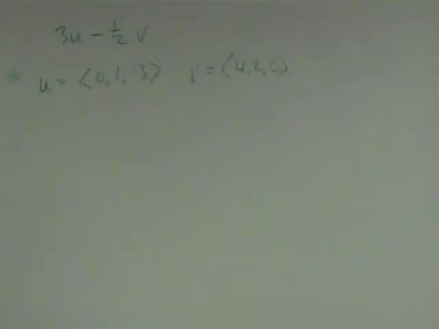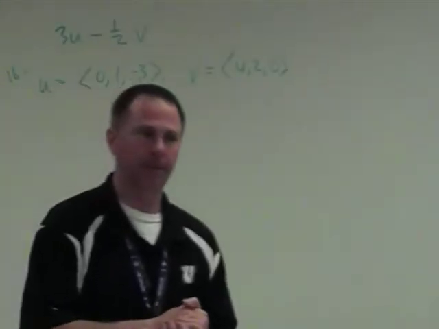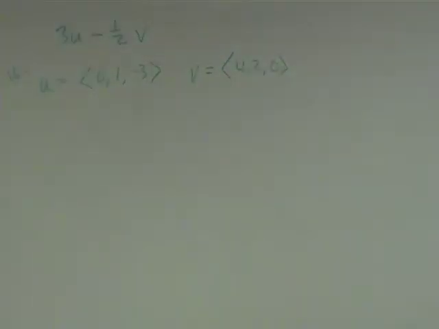Some of you struggled with this. We're going to take a look at your quiz here in just a little bit. Let you guys see what you did. Done? What is subtraction?